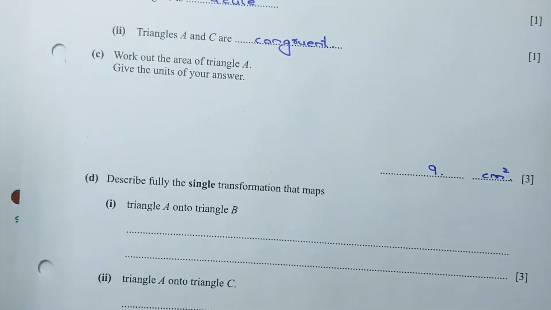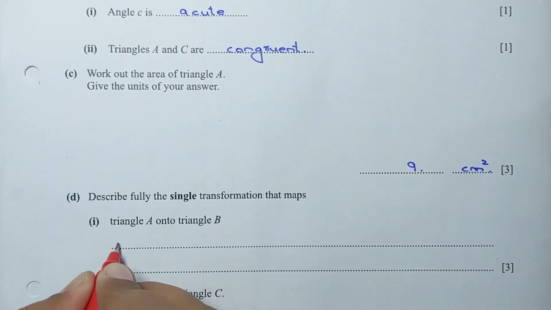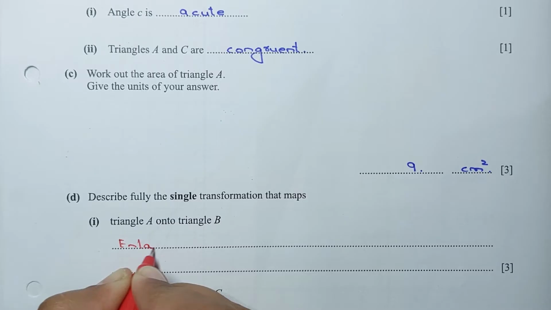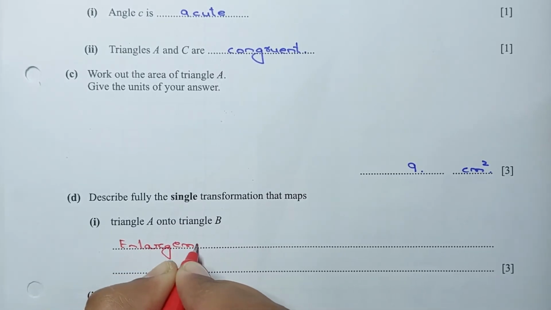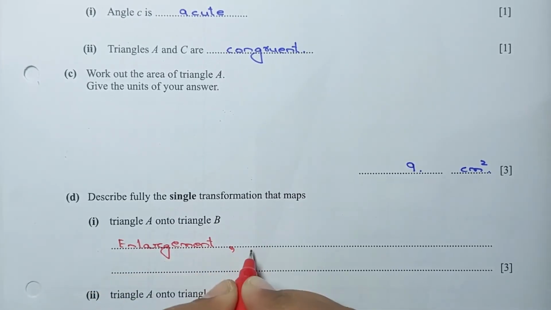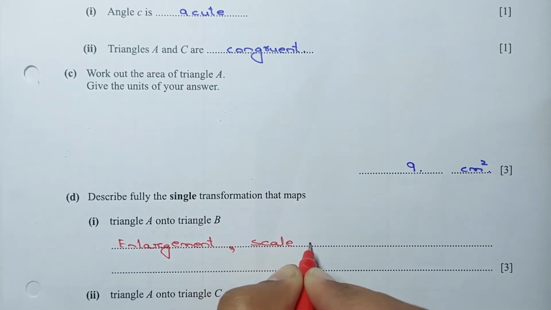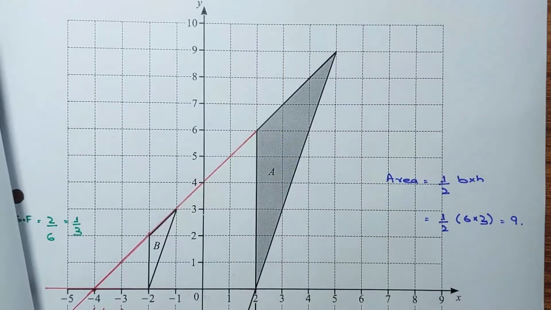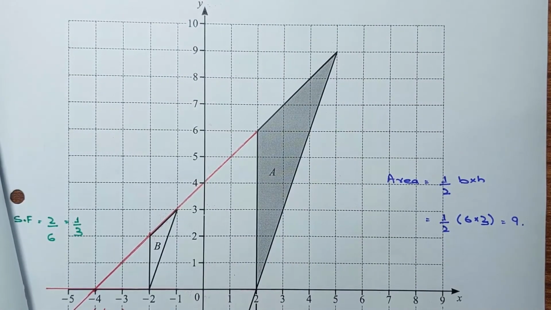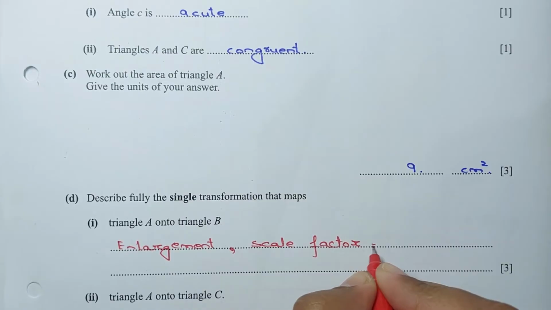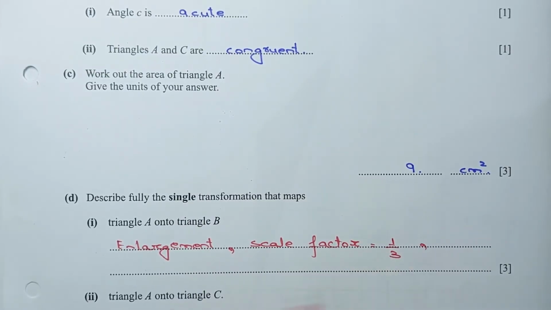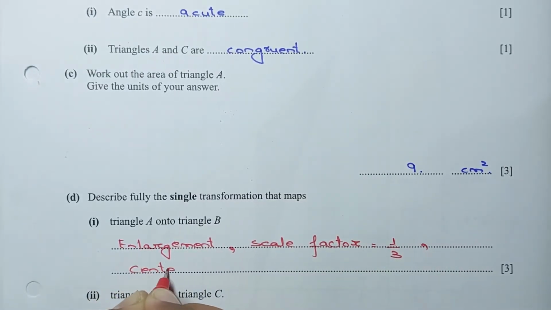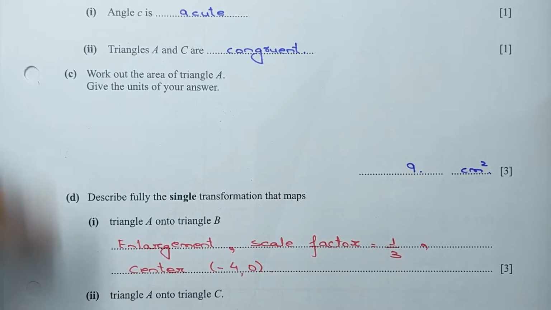So the transformation we can say is an enlargement. The scale factor is 1 over 3. And the center of enlargement is -4, 0.